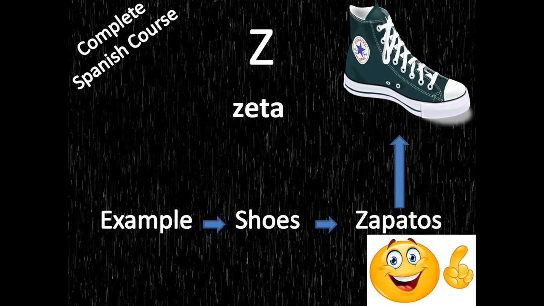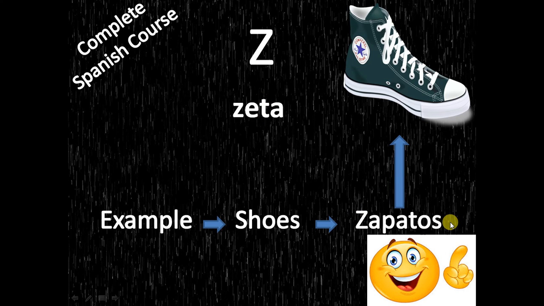So okay friends, this was the Spanish alphabet, and we took some examples with the alphabets. In the upcoming lectures, we will do some reading practice. You will learn how to read Spanish words, because this is the letter sound and this is the word sound.